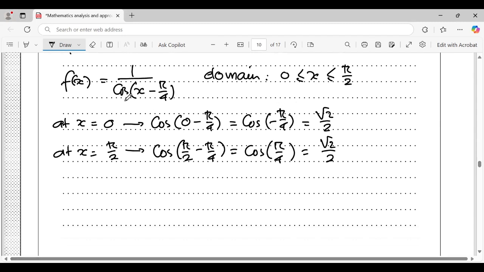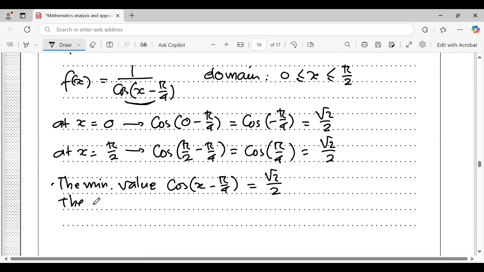Because we are going to find the range, we need to find the minimum and the maximum value. The minimum value of this expression, cosine of x minus pi quarter, is square root 2 over 2.